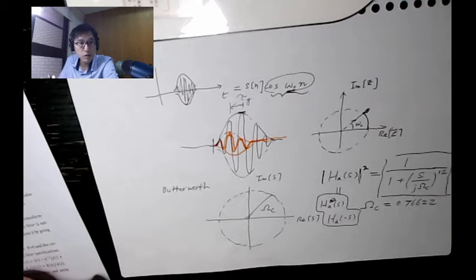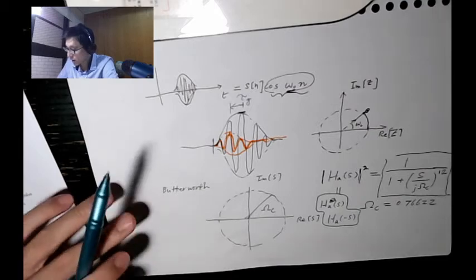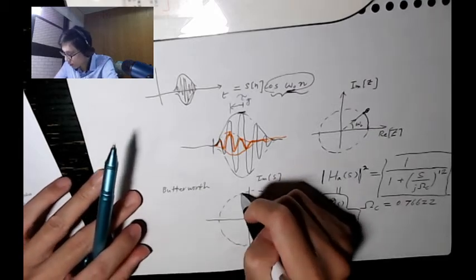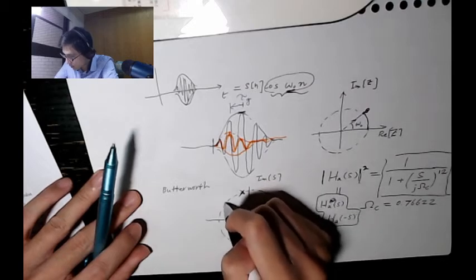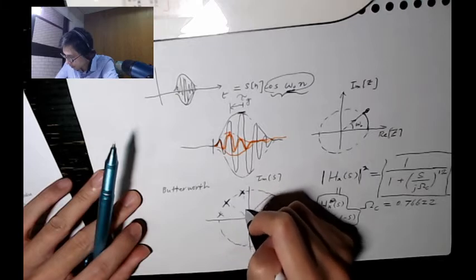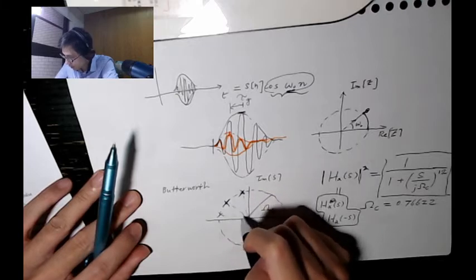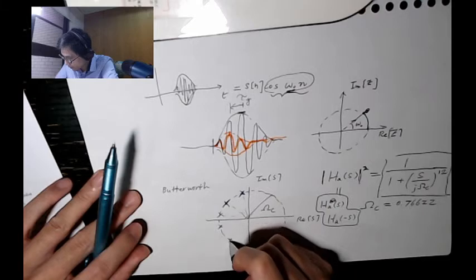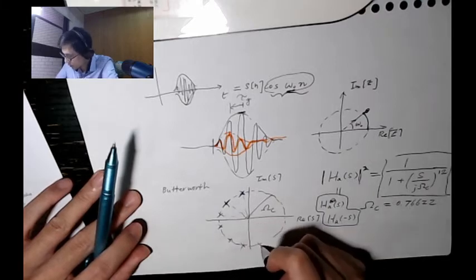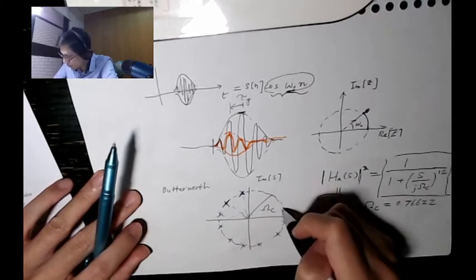Let me draw a quick figure. This system is going to have exactly 12 poles located at 15, 45, 75 degrees and so on, all separated by 30 degrees. Exactly 12 of them.